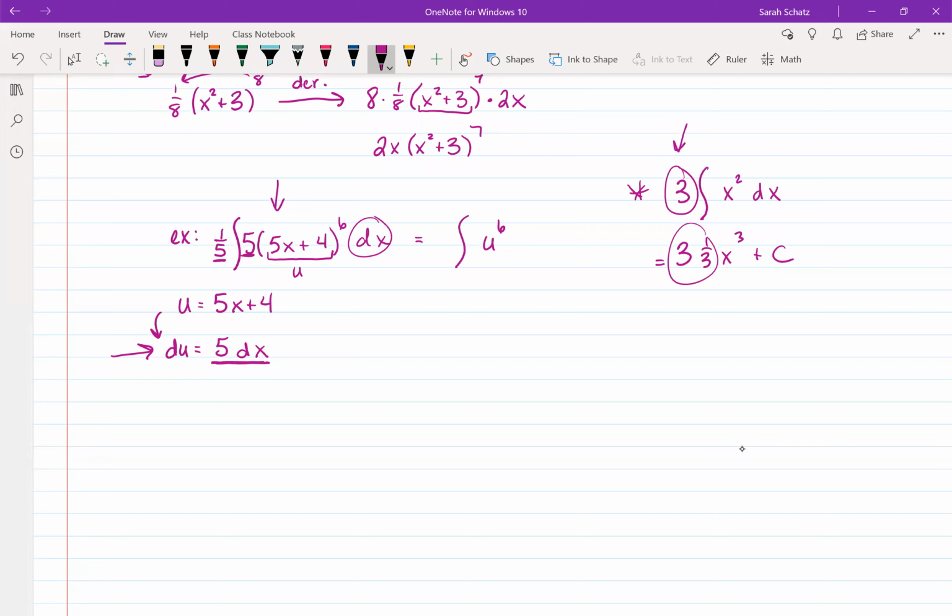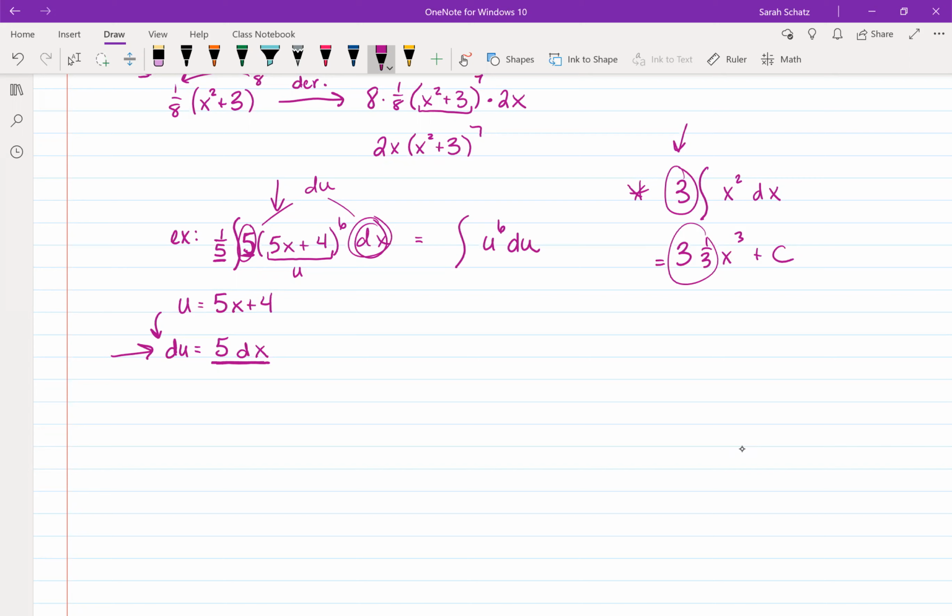So what I'm saying over here is that I need a 5 in here so I can rewrite this as u to the 6 du and have all my parts present. Because the 5 dx, that's the du part. But I can't just arbitrarily throw numbers into my antiderivative and expect them to come out the same, right?